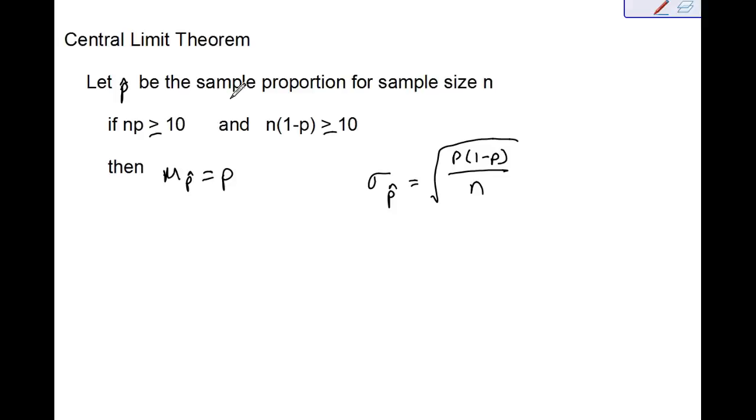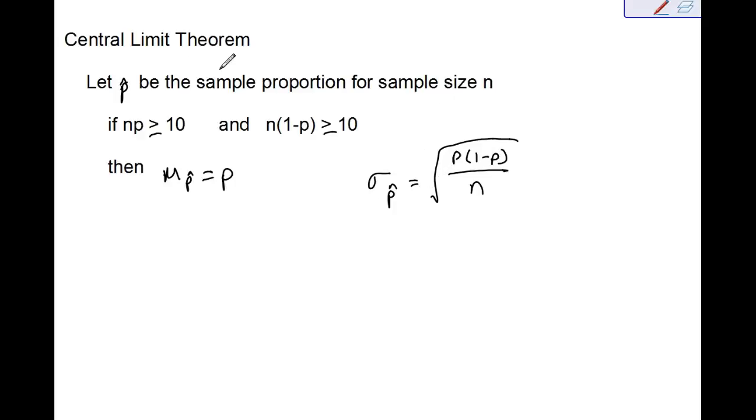And also, is the opposite true? Is the sample size times 1 minus the proportion greater than or equal to 10? If that is the case, we have a large enough sample to assume that it is normally distributed. If it's not normally distributed, we can't use these items as the mean and the standard deviation.